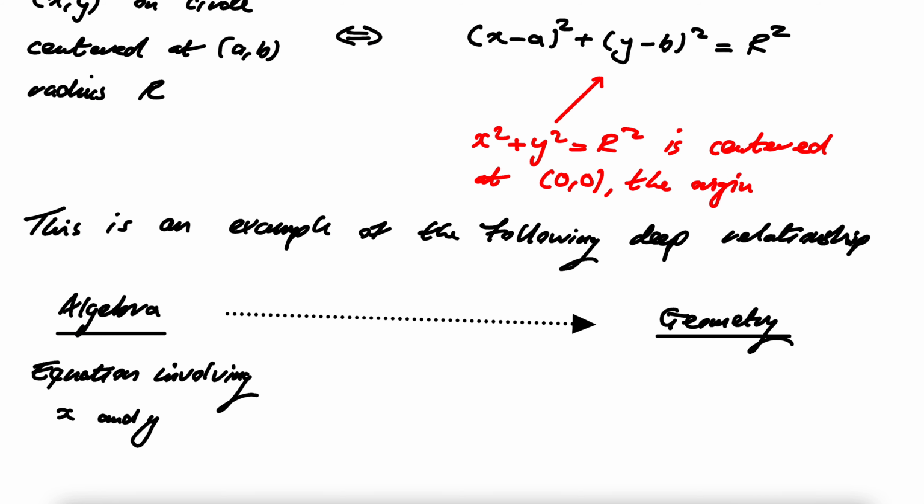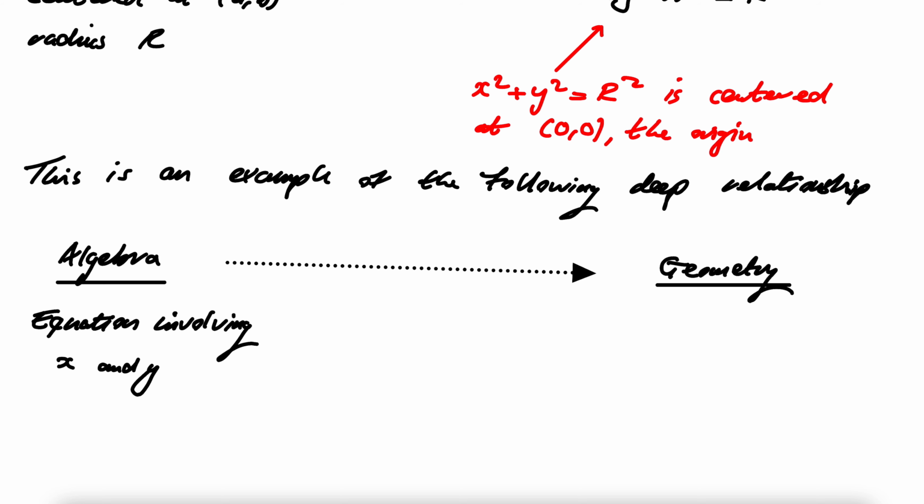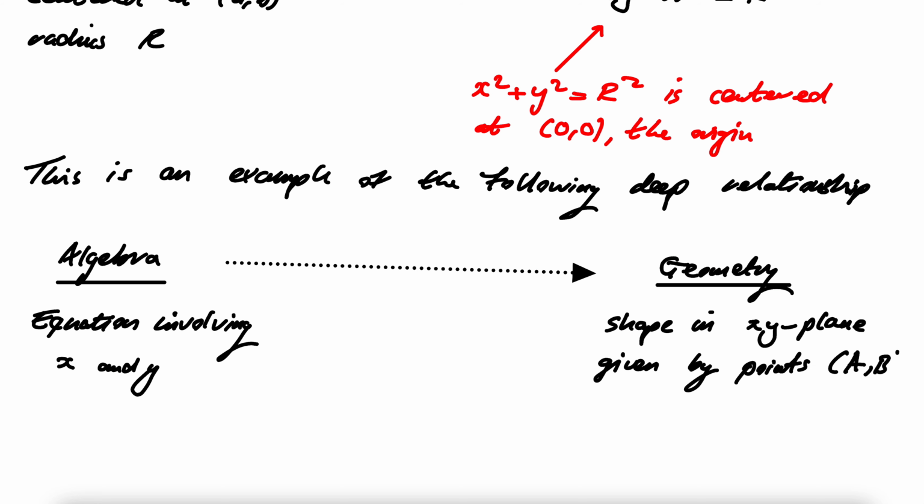As I said, it's the shape, if you want, in the xy plane given by points, let's say capital A, capital B, such that if I set x to be equal to capital A and y equal to capital B, that satisfies the equation.